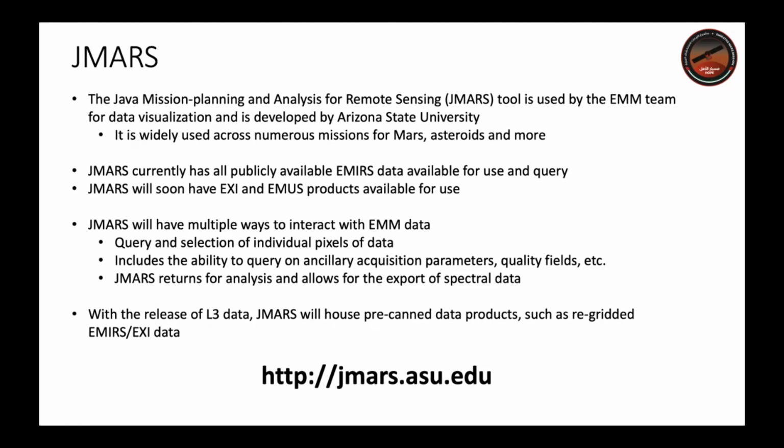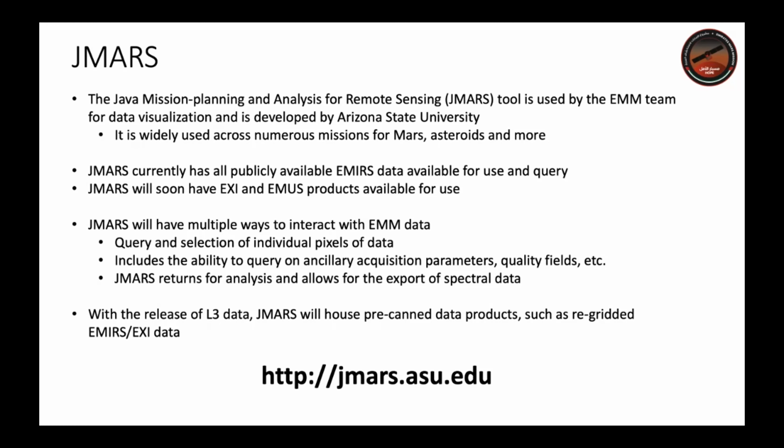Currently, JMARS has all of the publicly available EMIRS data available for use, and I'll walk you through what that looks like. And soon, JMARS will have EXI and EMUS data products as well. Those different layers, as you'll see, act kind of like Photoshop in that you can reorder the layers, and they are in progress. Just like the quick look pages for EMIRS, we expect to see those in the next couple of weeks.